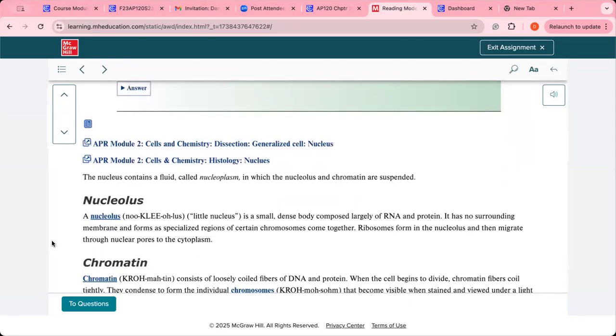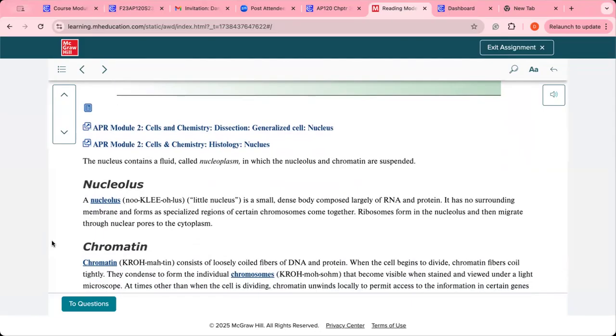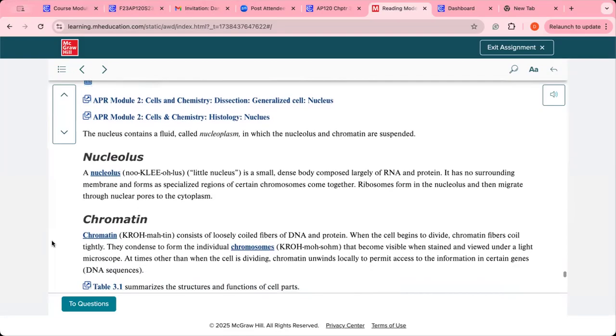Nucleolus and chromatin. A nucleolus is a small, dense body composed largely of RNA and protein, has no surrounding membrane, and ribosomes form in the nucleolus and then migrate. Chromatin consists of loosely coiled fibers of DNA and protein.